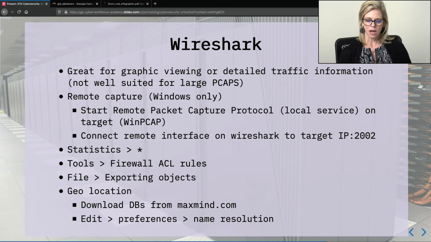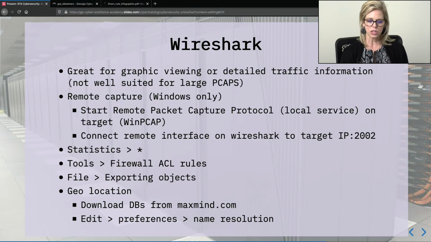MaxMind.com has a database that translates the IP address to the specific geolocation of where that IP address is on a map. If you've got North America, it would generate a map and pinpoint the locations of where those specific endpoints were located.